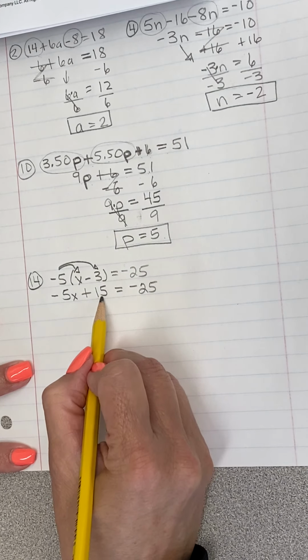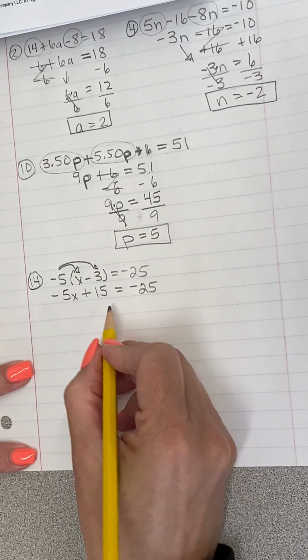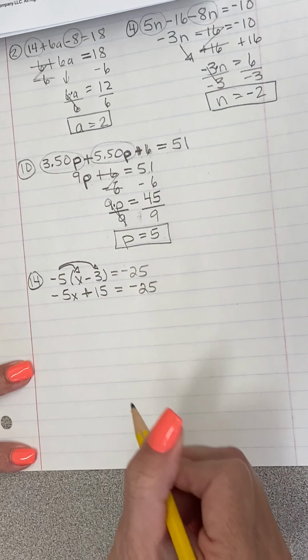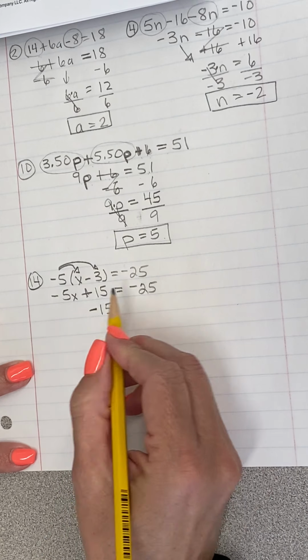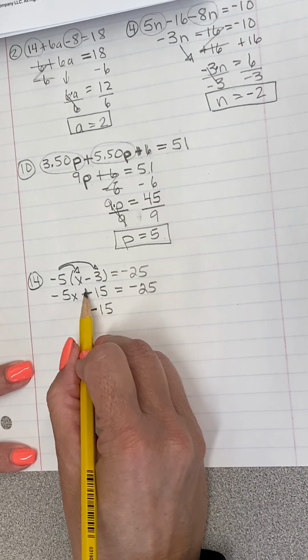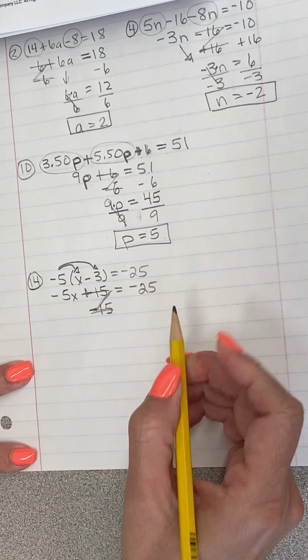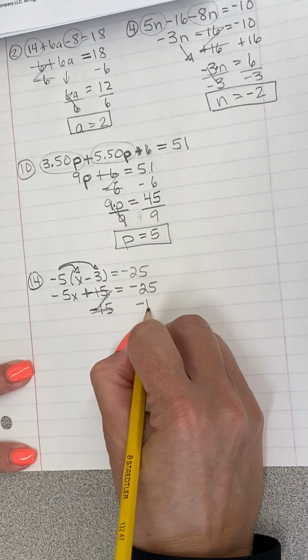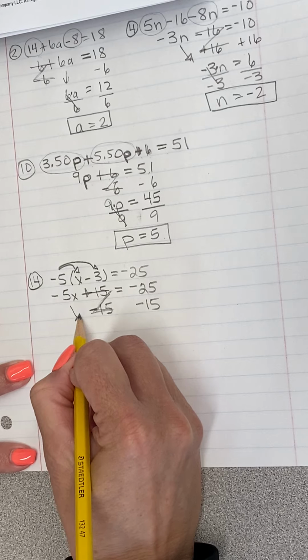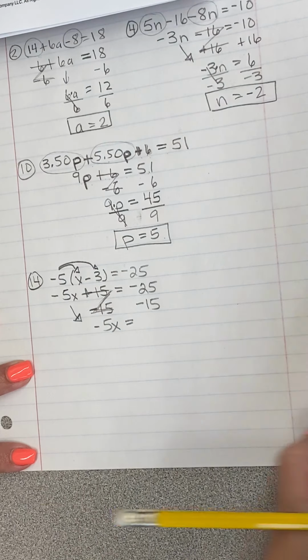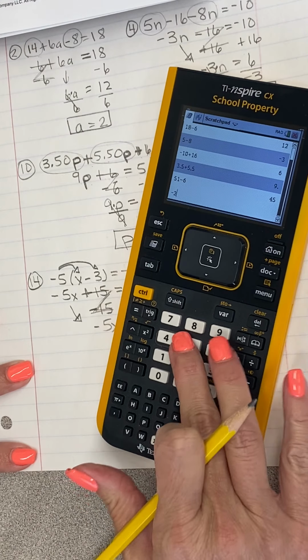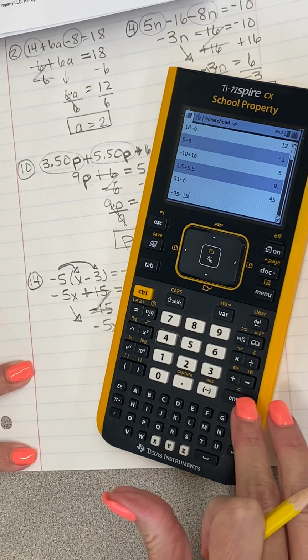Now my like terms are this positive 15 and this negative 25, but in order for me to zero out this positive 15, I have to subtract 15. So positive 15 minus 15 is 0. I have to subtract 15 on this side as well. Bring straight down my negative 5x, bring straight down my equal sign, and we have negative 25 minus 15.